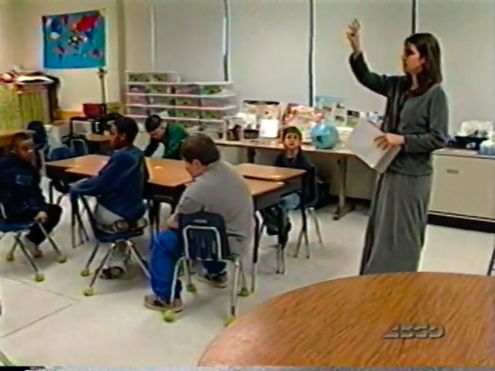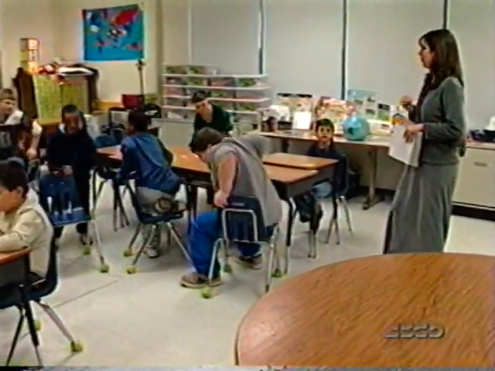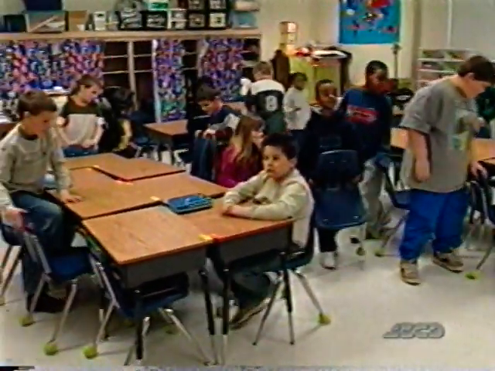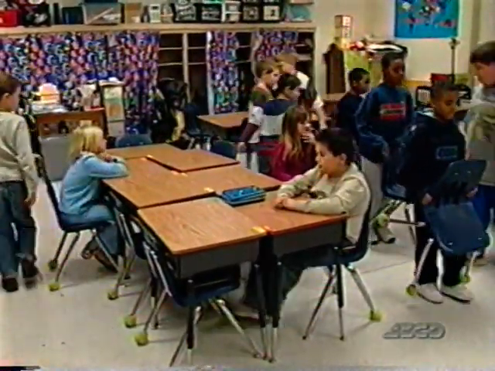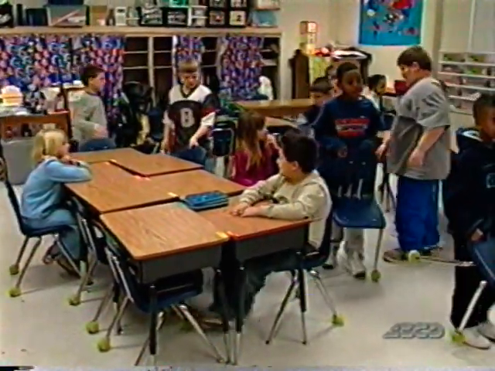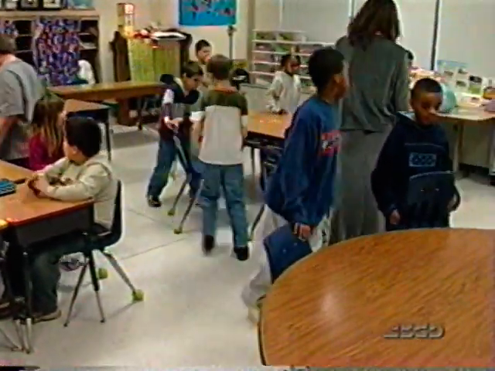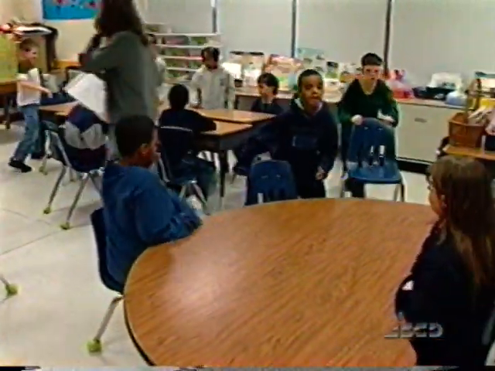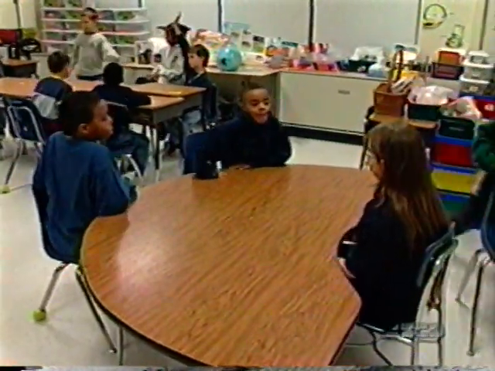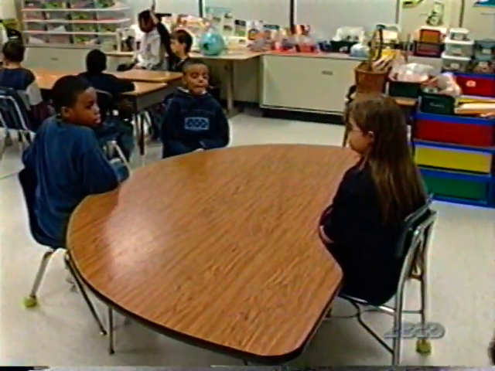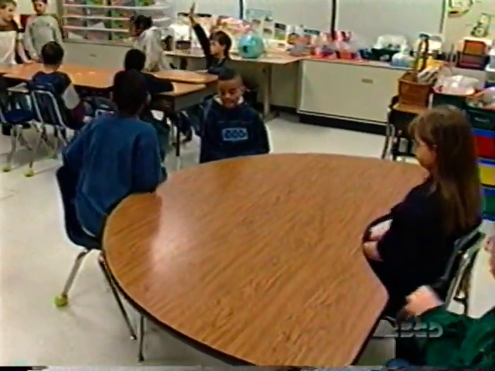The rules and the expectations for working together in groups are just that they have to be kind to each other. They have to use their time wisely. They have to use all of the resources within their groups before they need help from me. And they just have to use appropriate voice levels and behavior during the group time.